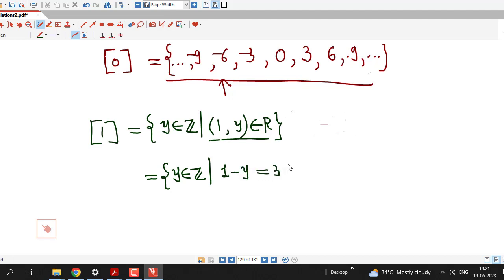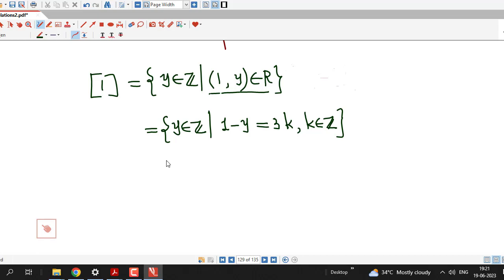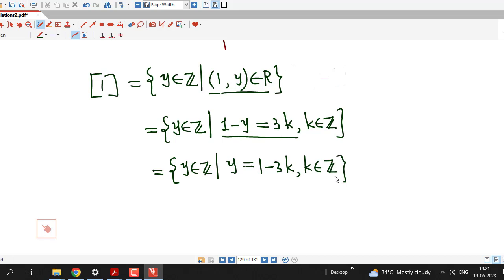So we can write it directly as a multiple of 3, 3k, where k belongs to Z. And I am interested in the value of y. So if I take y on the right hand side, I obtain y equal to 1 minus 3k, k belongs to Z.